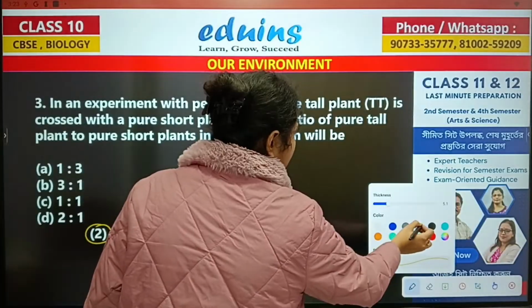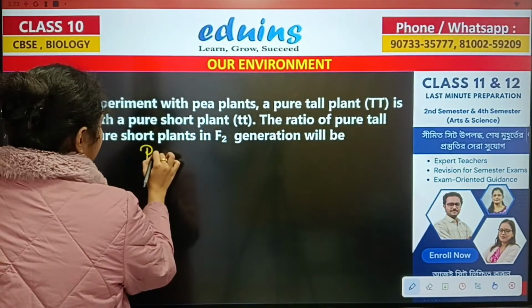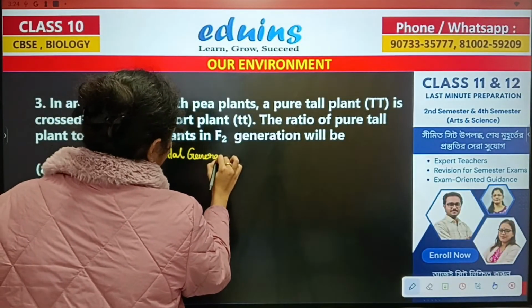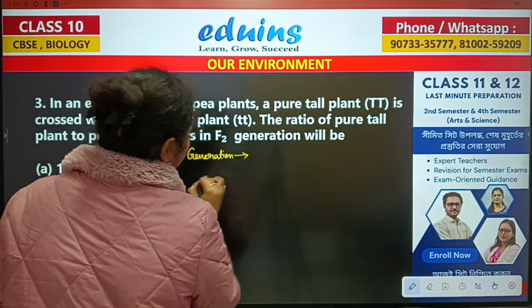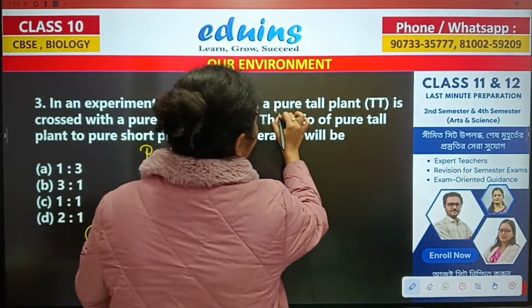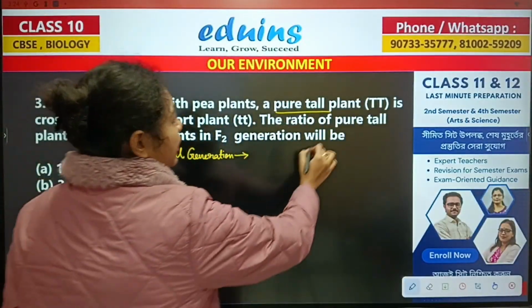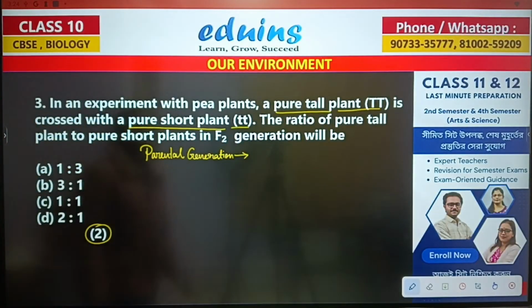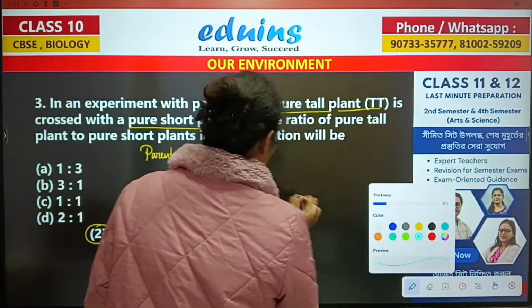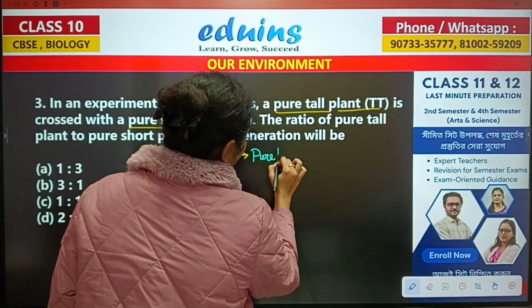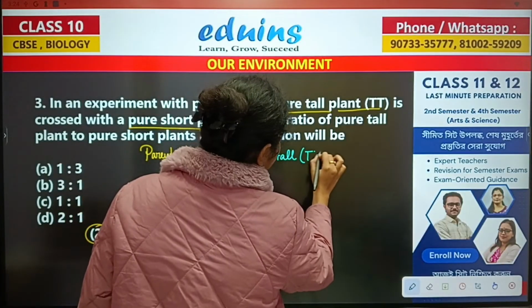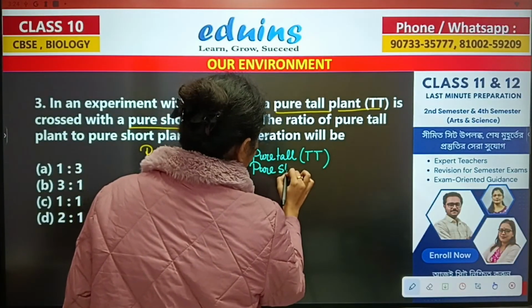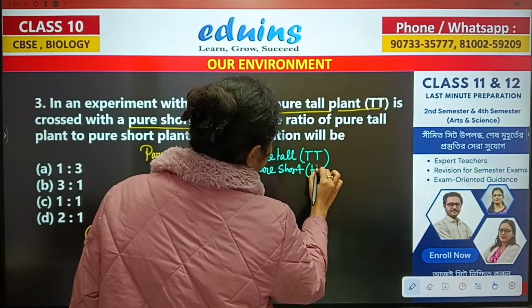Okay, so at first we have to know the parental generation. Parental generation is pure tall plant, capital T, and pure dwarf or pure short, that is small t.